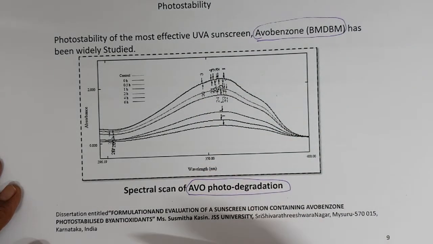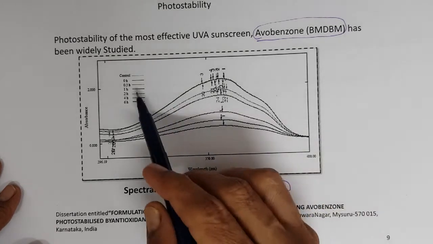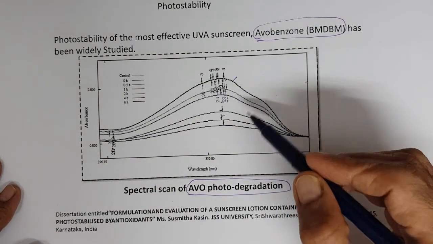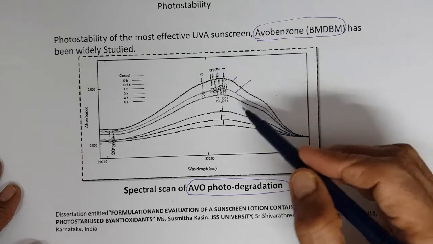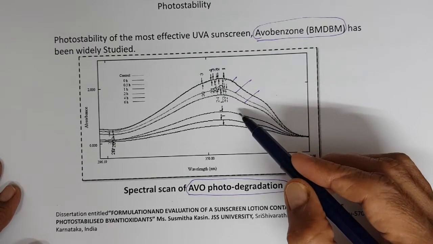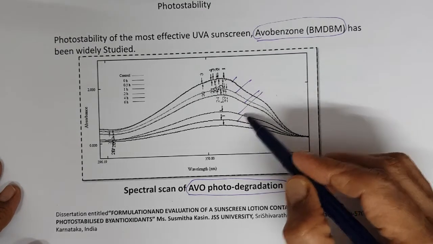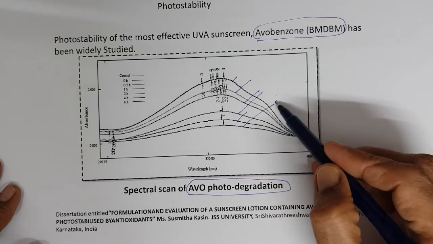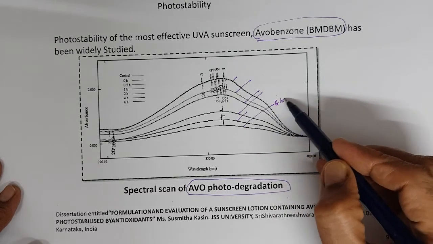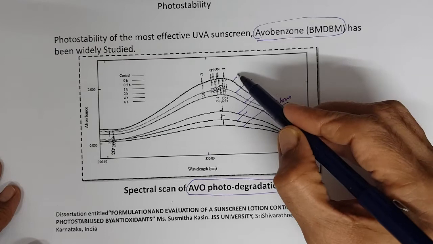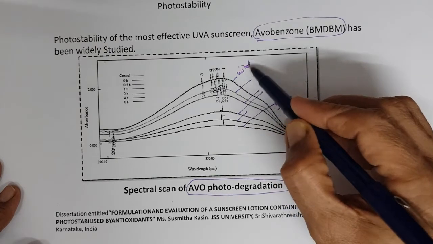A cream with avobenzone was tested by exposing to sunlight on a petri dish, and it was found this is 0 hour, 0.5, 30 minutes, 1 hour, 2 hours, 4 hours and 6 hours. This is 6 hours exposure to sunlight, this is initial, 0 hours.